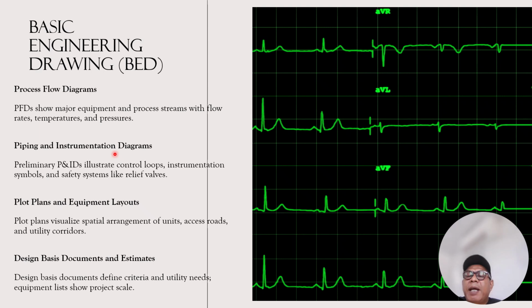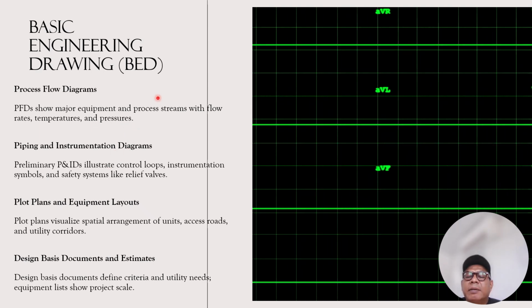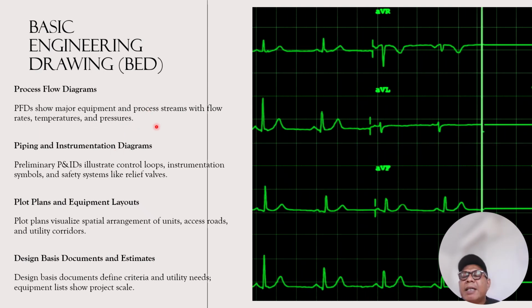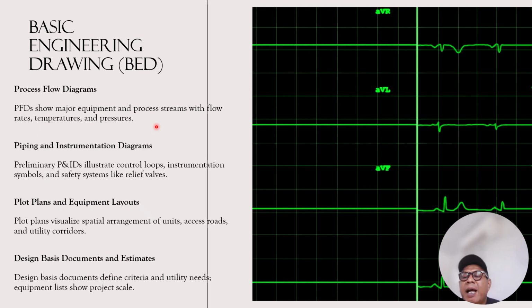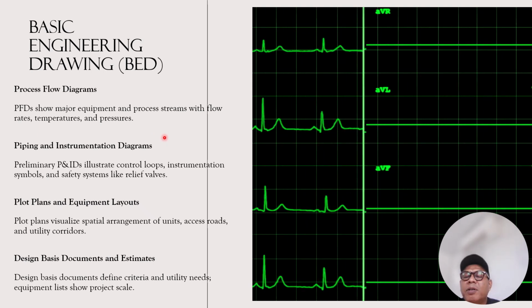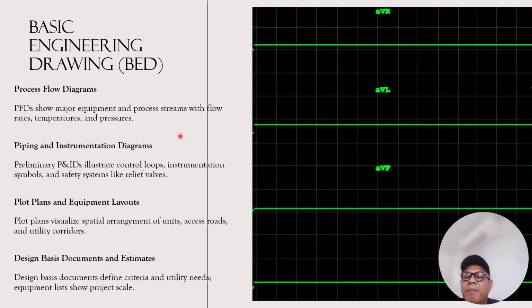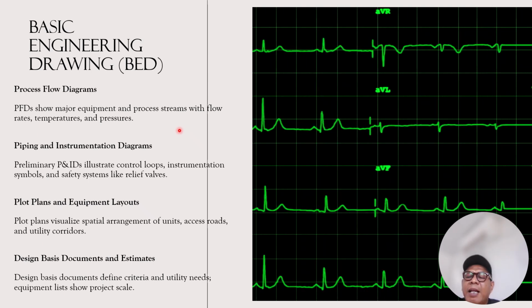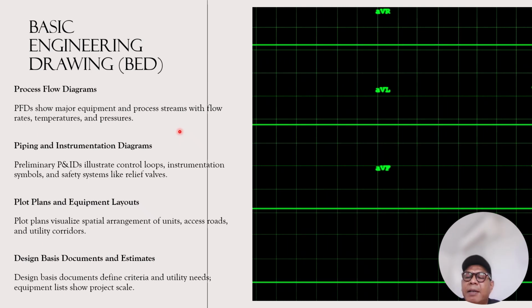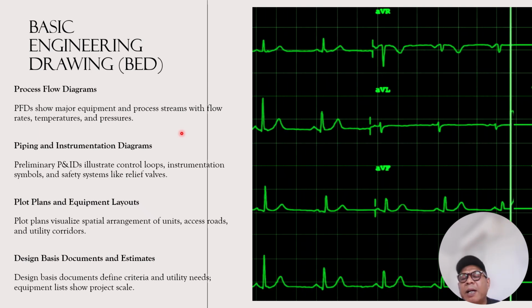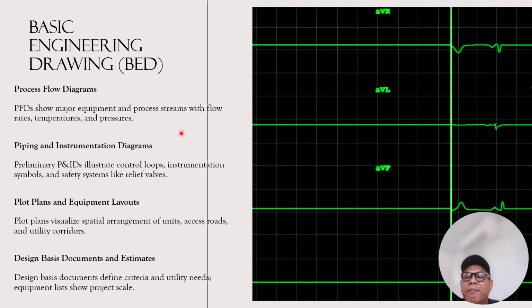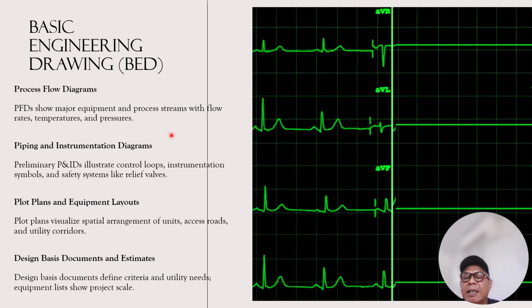Why is BAD important? BAD defines the project scope and helps the stakeholders understand the overall layout, process, and major equipment. It supports cost estimation, providing enough detail for the CAPEX estimation, for example with 15% accuracy.